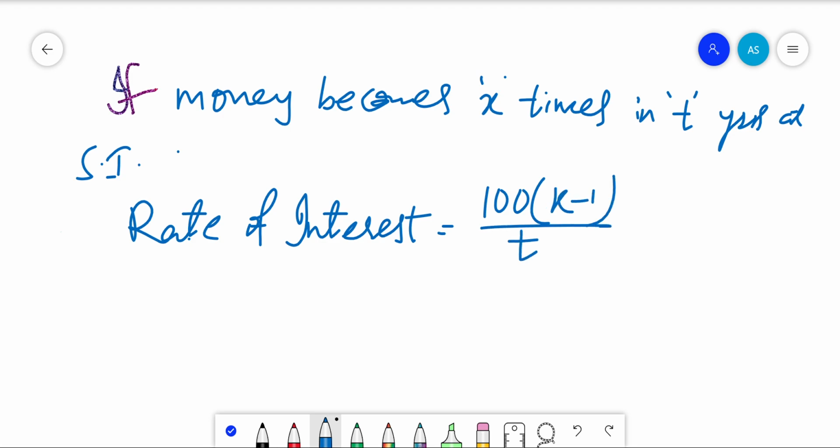Here x is how many times the money becomes, and t is the number of years. This is the formula for rate of interest.